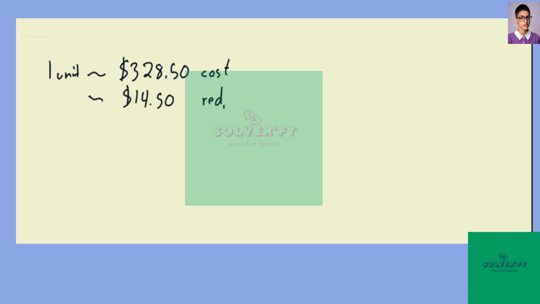And the question asks, what is the percentage decrease of the cost? Well, let's take a moment and see if we can diagram this out. Maybe we'll make this part equal to blue, and we'll make this part equal to green. So let's take my initial cost and sketch it out as a rectangle. I have $328.50 that goes along with this rectangle. And notice that this question is asking us about the cost and how we change the cost.